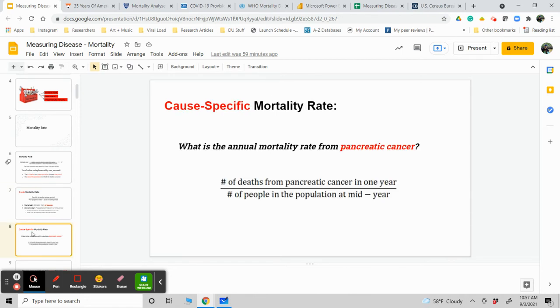If we wanted to get a little more specific with it, for example, looking at mortality rates for a specific cause, we would use this example. What is the annual mortality rate from pancreatic cancer? Well, since we're only interested in understanding the mortality rate for pancreatic cancer, we're not going to include all deaths. We're just going to include the number of deaths from pancreatic cancer in the numerator. And we'll still include the size of the population as our denominator.